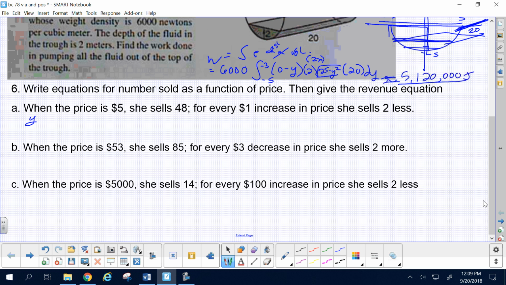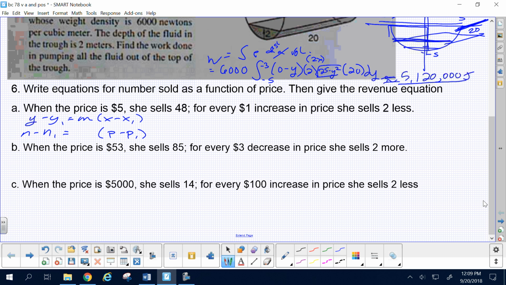Instead of y minus y1 equals m times x minus x1, what are the variables at hand here? Number and price. Which one is the y? Number. So number minus number 1 equals m, we'll come to it, times price minus price 1. All right, so what's the slope then?